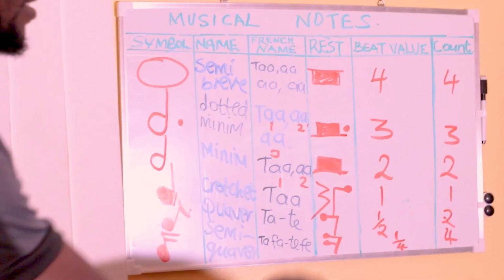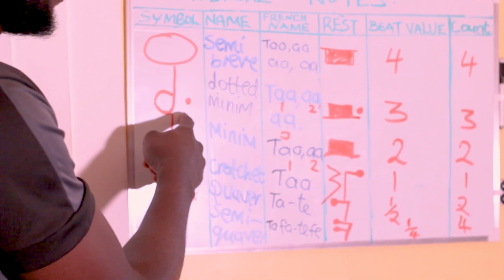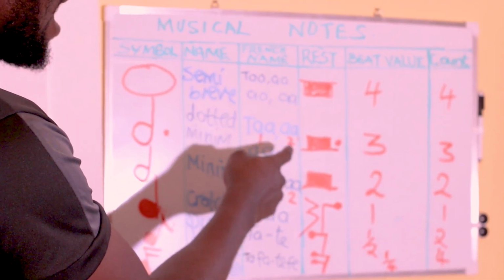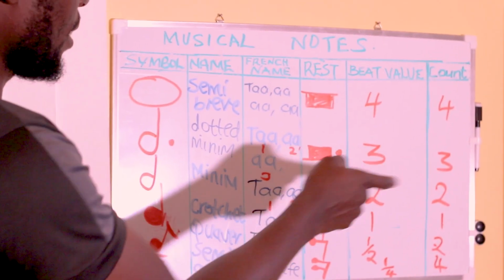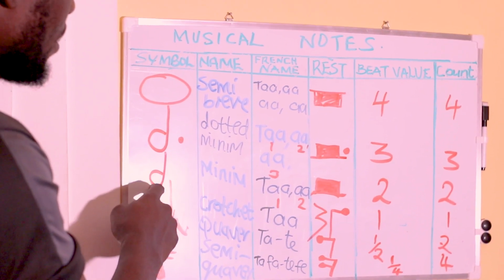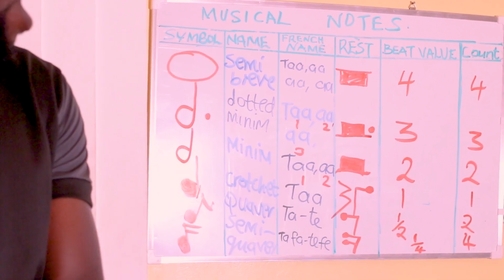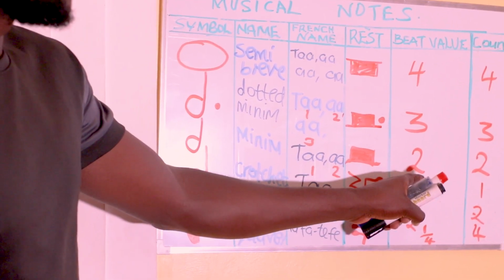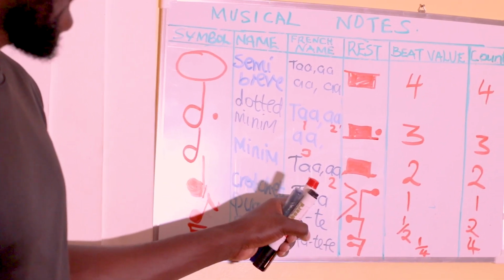You can look at the rest. The number of beats is 4. The next one is the dotted minim, where we have ta-a as the French name. The rest is here; the beats are 3. Then followed by the minim itself, with ta-a. It is here, 2. The next one is the crochet with ta.